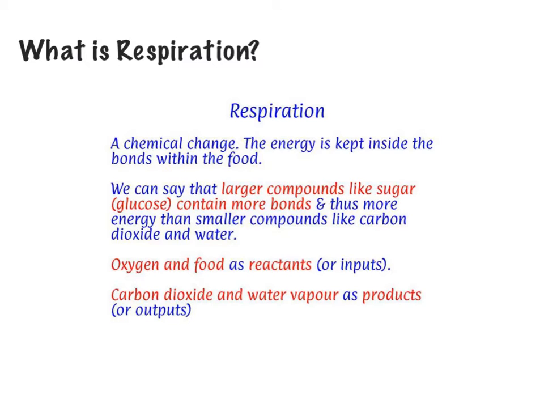And it says here that food, when we use it with oxygen, are both inputs or reactants. Carbon dioxide and water vapour, hold on, we saw those before in our last lesson. Maybe this is why this lesson is about comparing respiration and combustion.